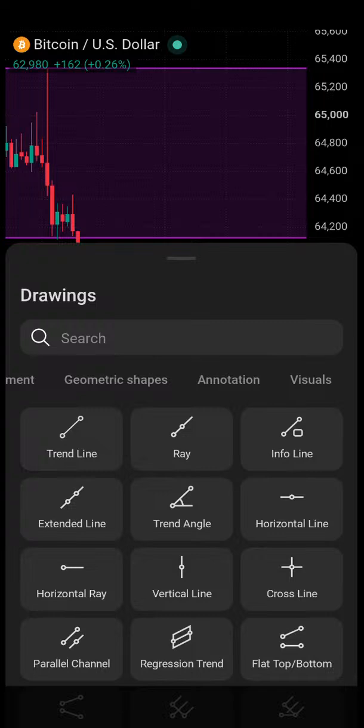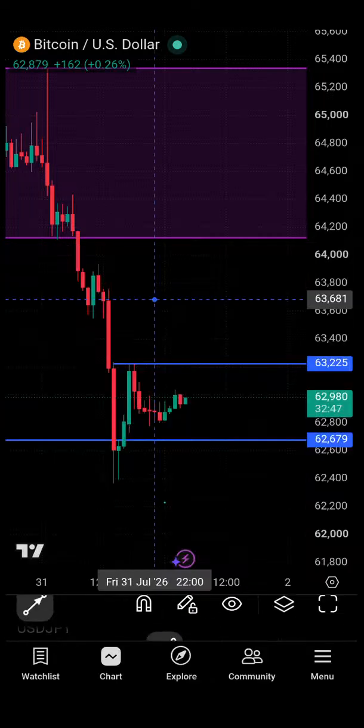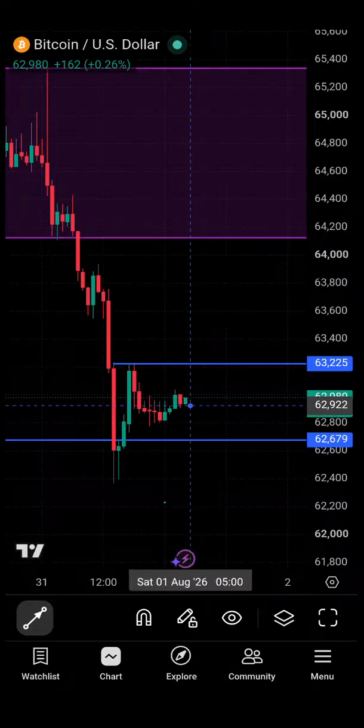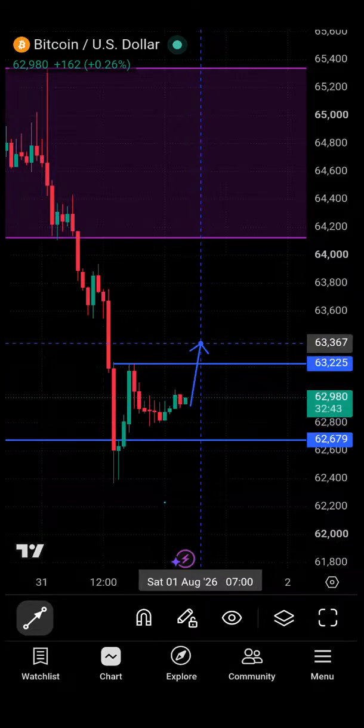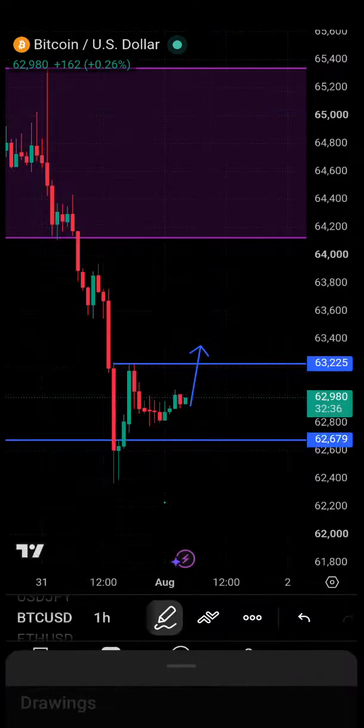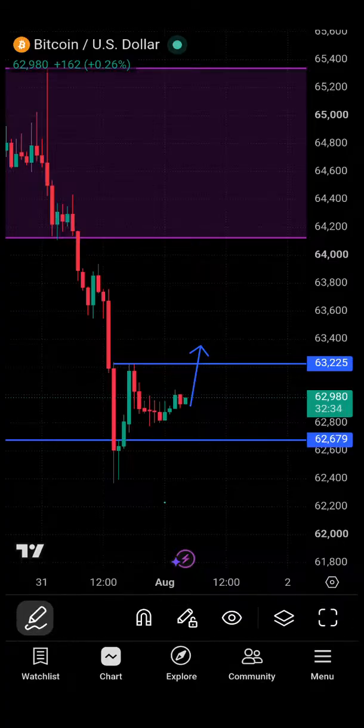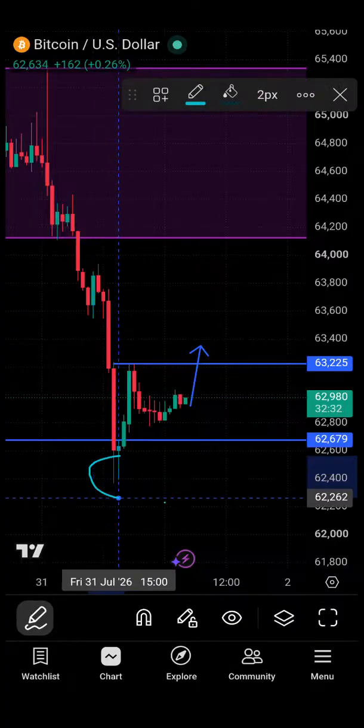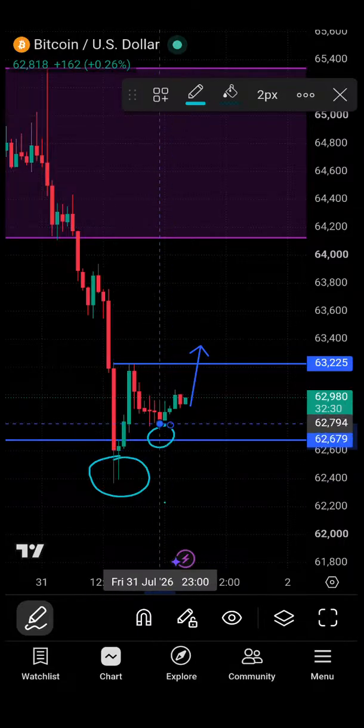Okay, let me just put some arrows so that you guys see what I'm expecting to see. I want the market to break this high. When it breaks this high, I would have a double bottom.